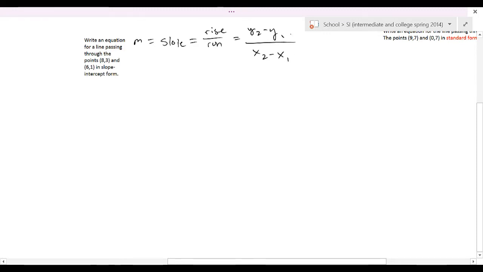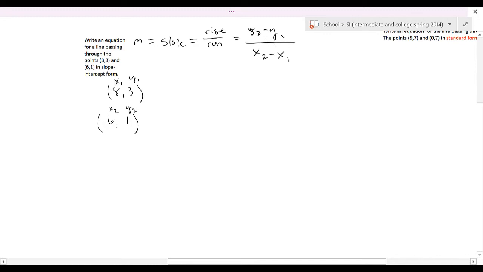Okay, we're getting somewhere. Now I'm going to take my points and label them. Let's write them down: (8, 3) and (6, 1). This is going to be my x1, y1. This is going to be my x2, y2.